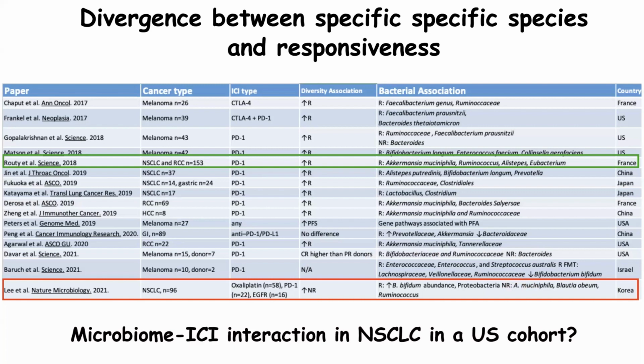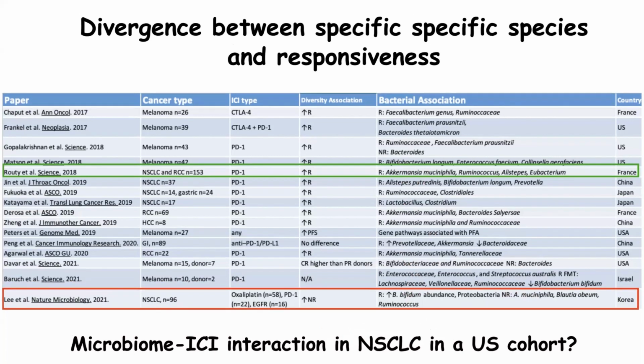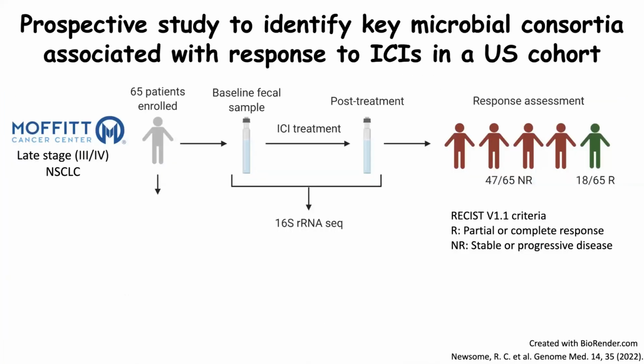So for that, we were interested in looking at the microbiome of non-small cell lung cancer in a US cohort. Those are a Korean cohort and a French cohort. So we partnered with Moffitt Cancer Center here in Florida, enrolled 65 patients, and collected feces at baseline.